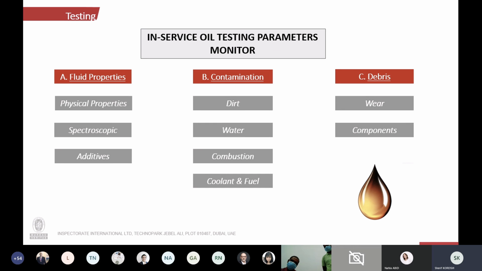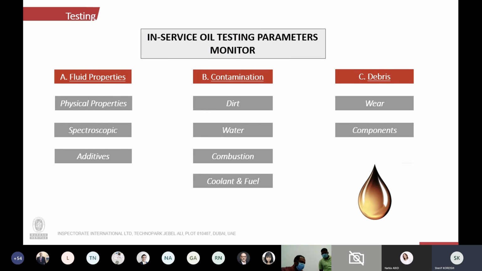And then there is the debris. The debris are wear metals coming from different types of wear, like sliding wear, abrasive wear, or whatever the type of wear which is there, and the components of the equipment itself.